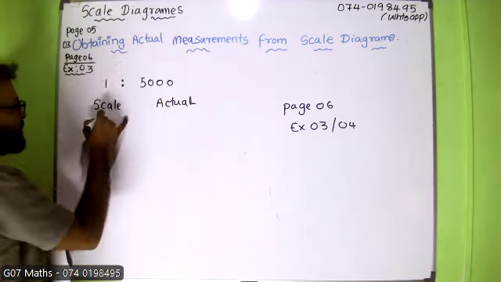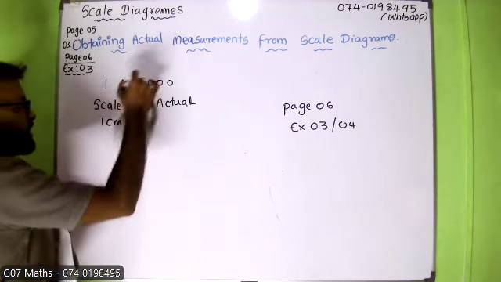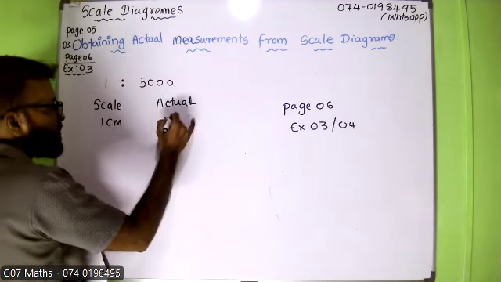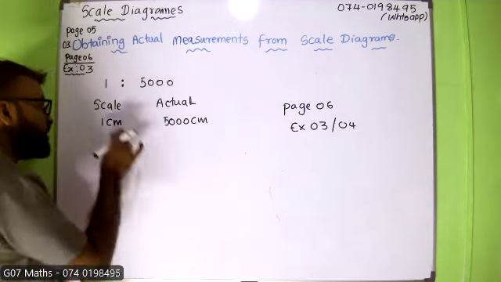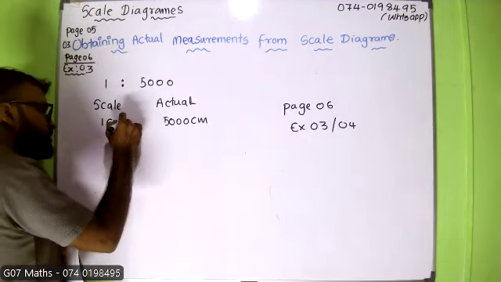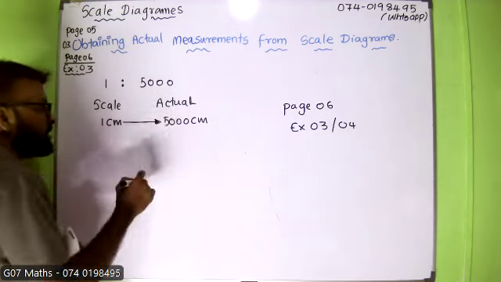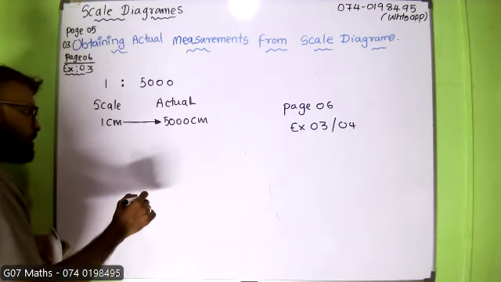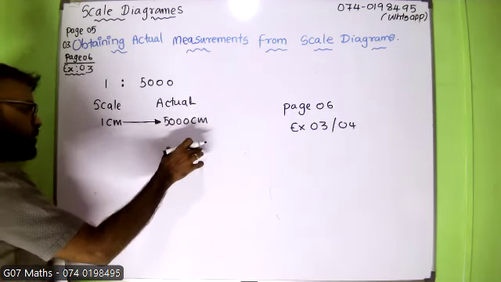So I can write, this is my 1, that means 1 centimeter. Both are in the same units, right? 5,000 centimeters as well. So by using 1 centimeter, I am going to represent 5,000 centimeters. 5,000 centimeters can be converted into meters.